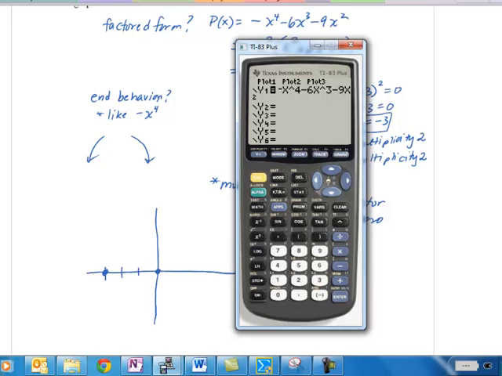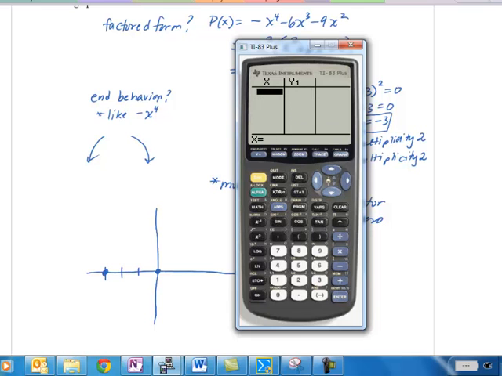So I don't want to look at the graph, but what I want to look at is a table. I'm going to do table set. I'm going to ask for my independent variable so that I can just plug in the values I want. There's a way to clear this table, and I don't remember what it is, and it doesn't really matter right now, so maybe delete. Yes, delete, delete.